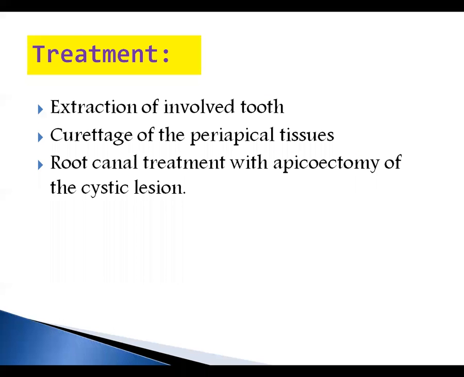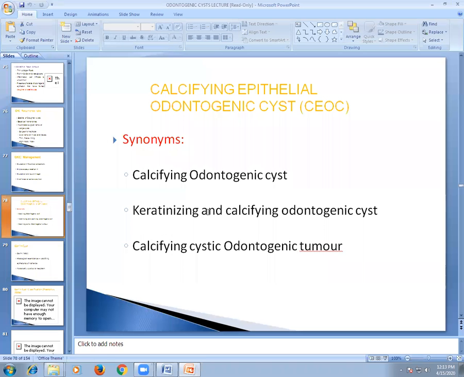Treatment: extraction of the involved tooth, curettage of the periapical tissue, root canal treatment with apicectomy of the cystic lesion. So this completes your odontogenic cyst chapter.